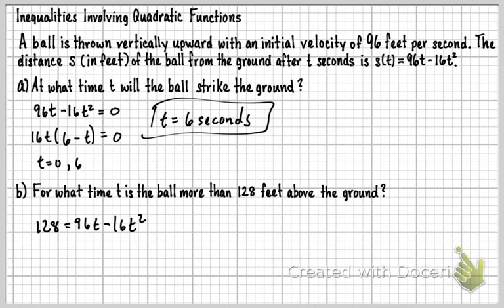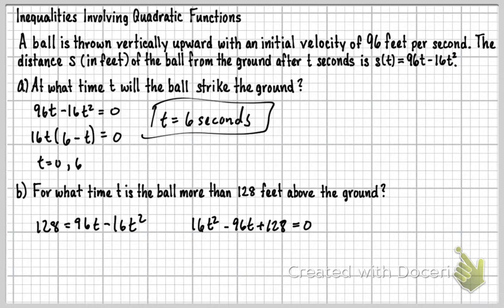And I'm just going to move everything to the left side and set this up to be solved. So this is going to be 16t squared minus 96t plus 128 equals 0.